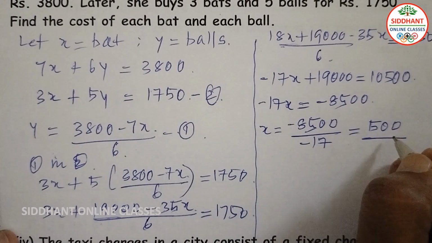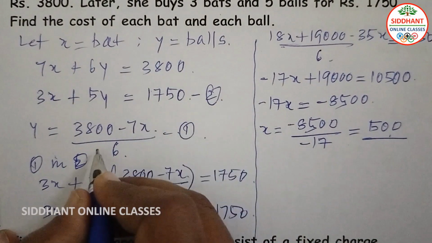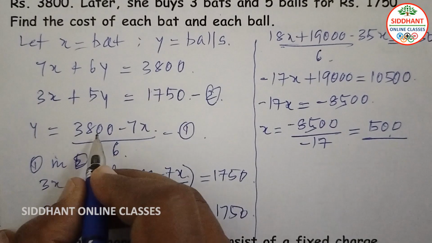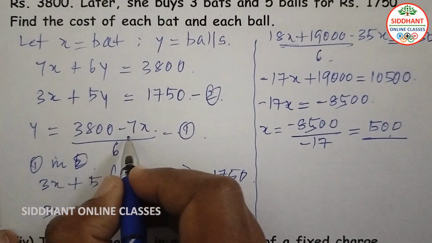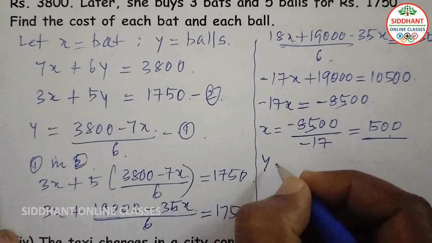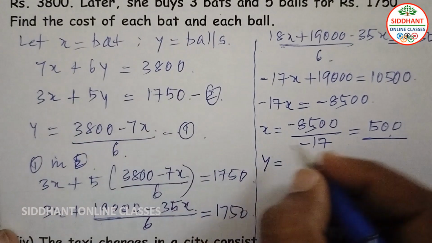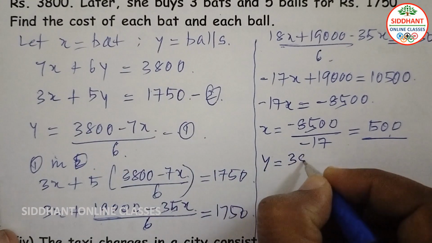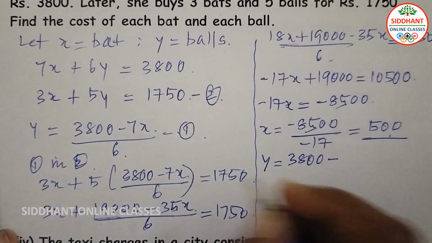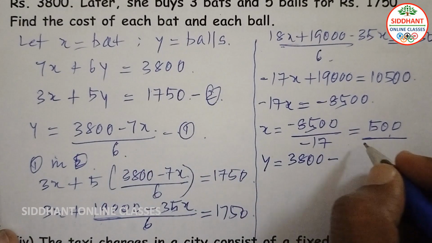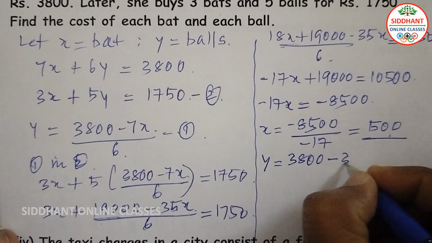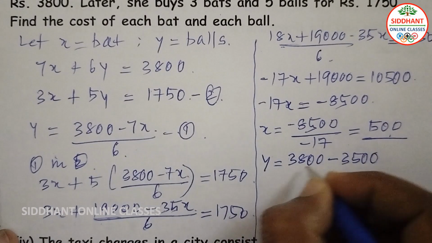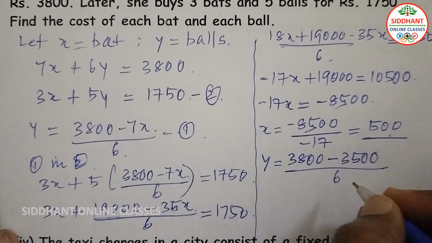So x is 500, then we are going to find y here. So y we know is 3,800 minus 7x by 6, that means y equals 3,800 minus 7 into 500, which will become 3500 by 6 here.